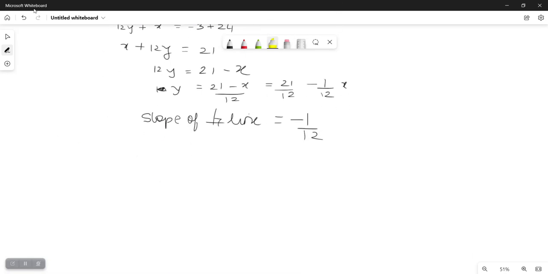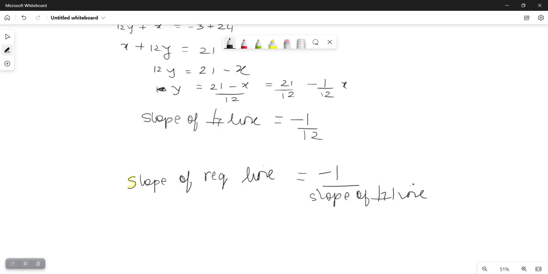We all know the slope of the required line is equal to minus 1 upon the slope of the perpendicular line.